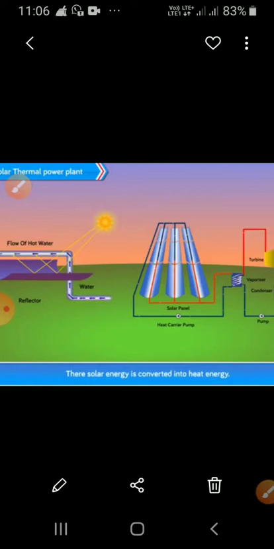And the principle of electromagnetic induction is also not used, only solar radiation is used, and that energy is trapped by the photovoltaic cell. This photovoltaic cell converts the solar energy directly into electrical energy.